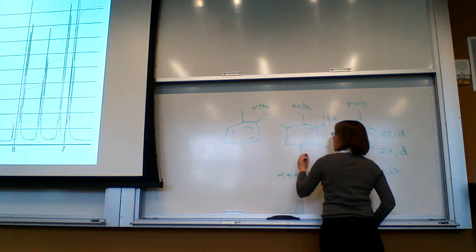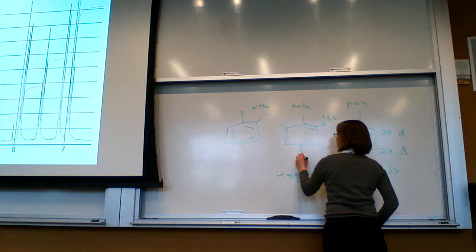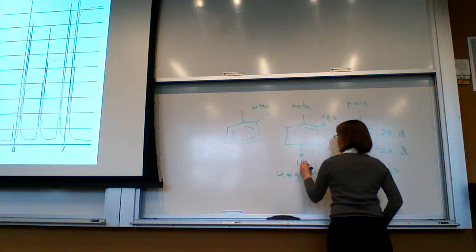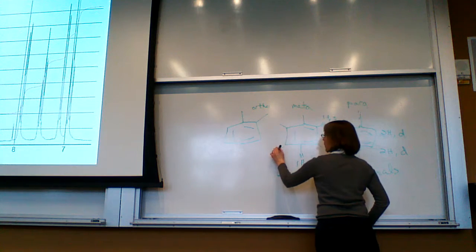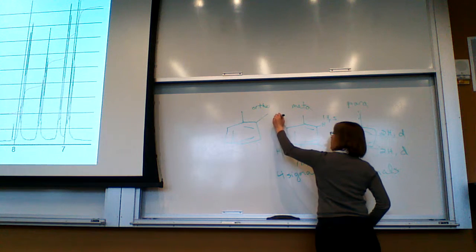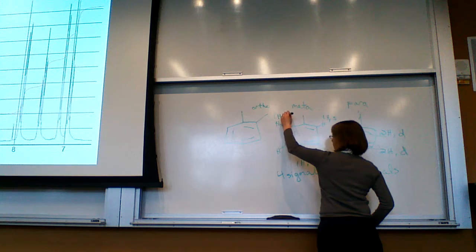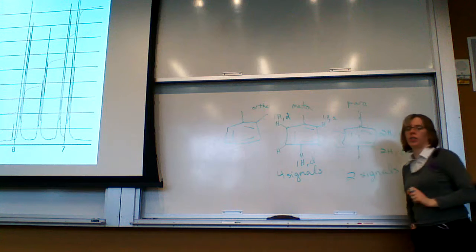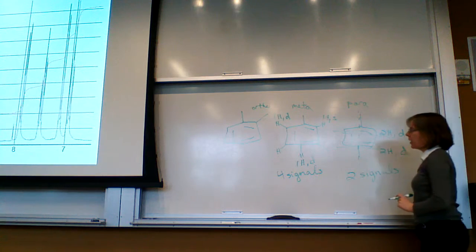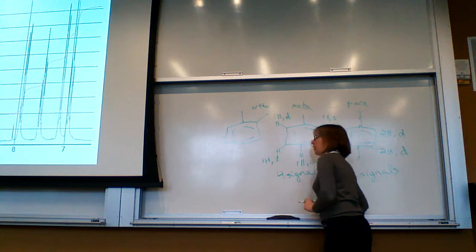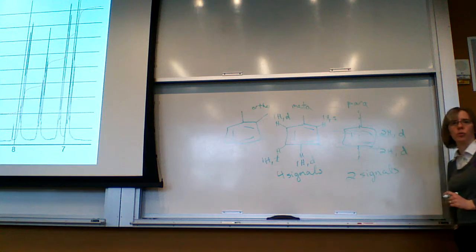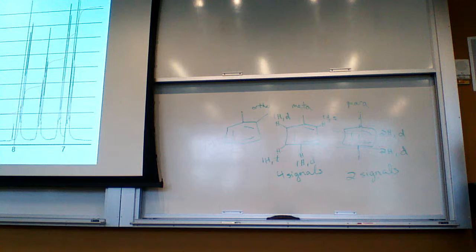The 2 next to it will be 1 hydrogen each, and they are going to be split into a doublet because they have 1 neighbor. This one is also going to be 1 hydrogen and a doublet. And then our last one is going to be 1 hydrogen and a triplet because it has 2 hydrogens neighboring it.